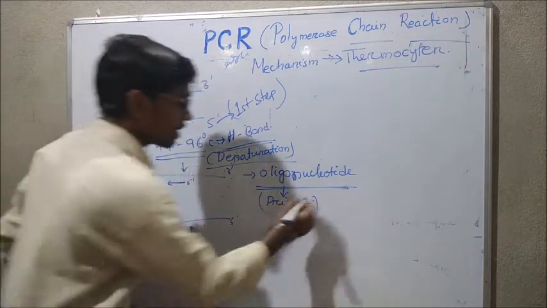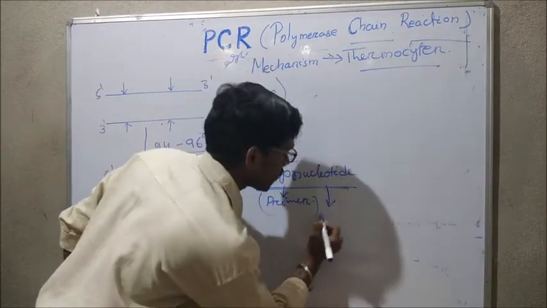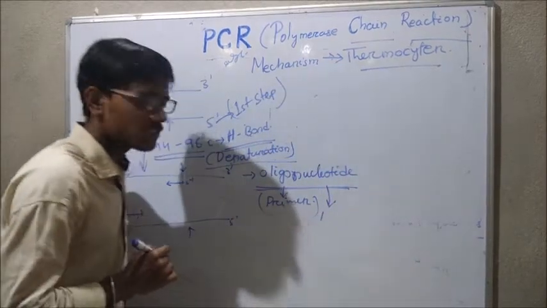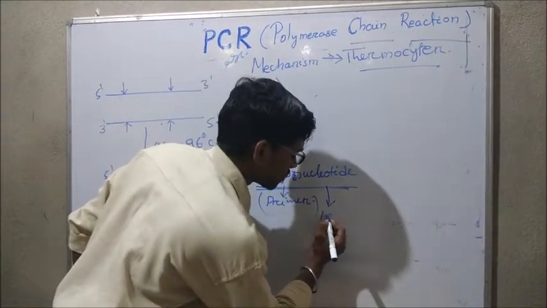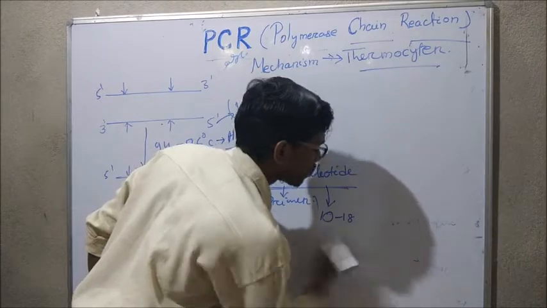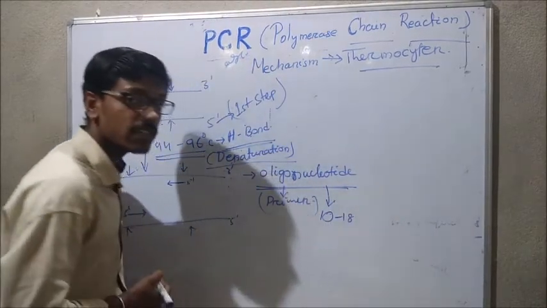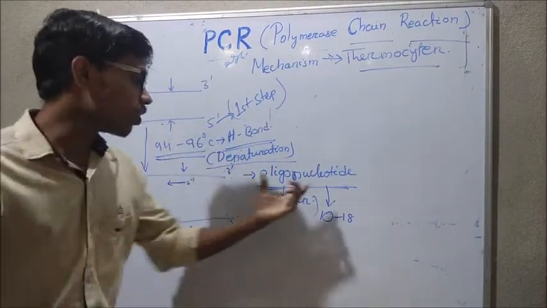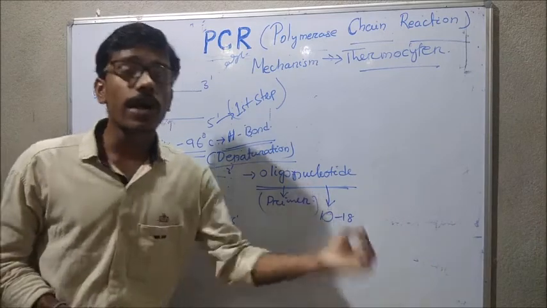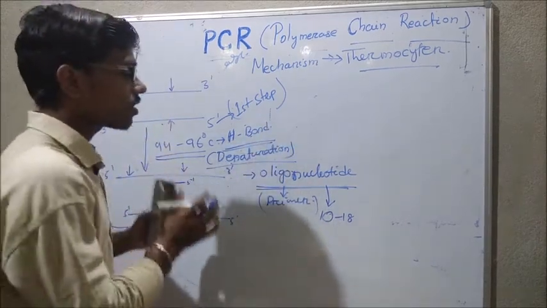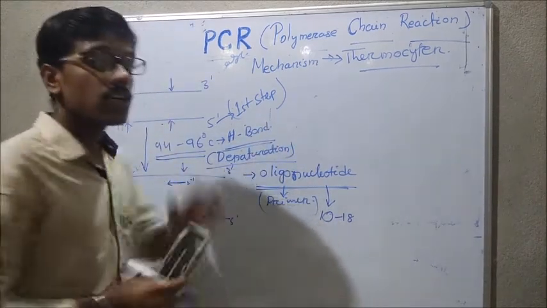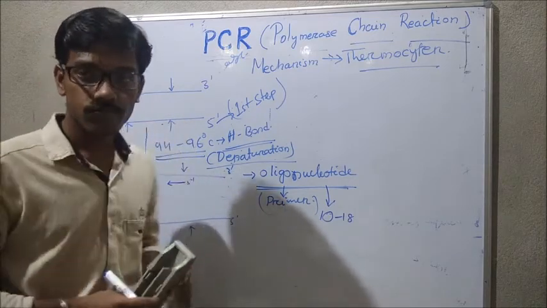These primers are very small strands of DNA nucleotide sequence, about 10 to 18 nucleotides. These oligonucleotides are small strands of DNA with 10 to 18 nucleotides.